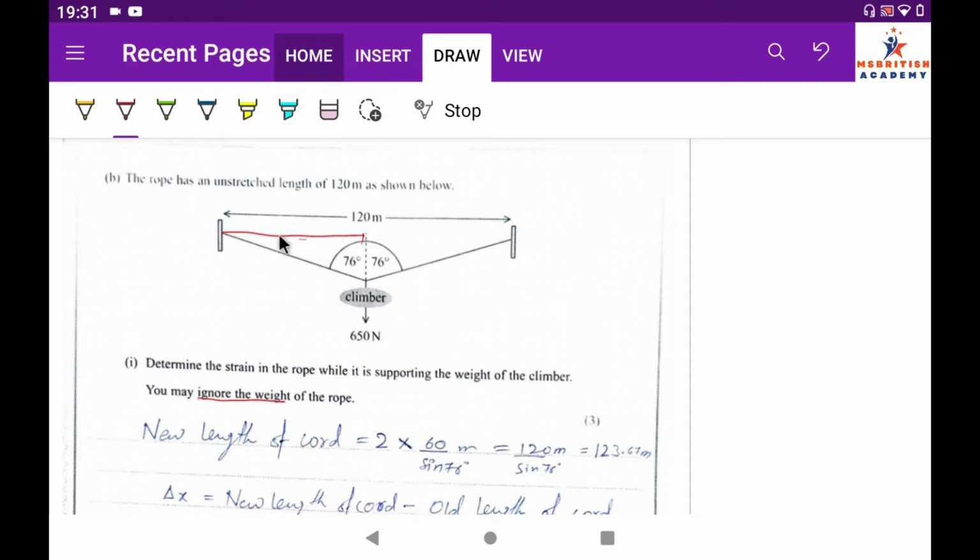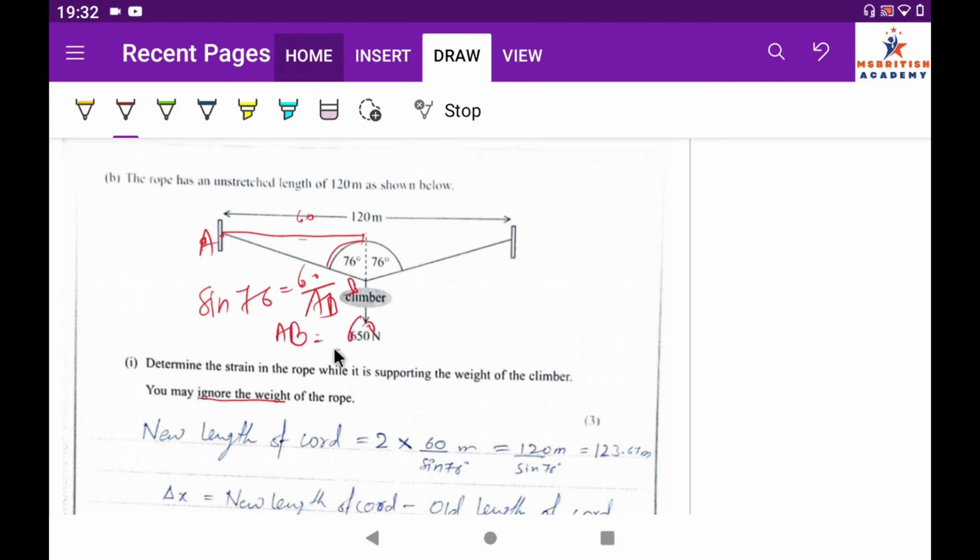this is 60, and after taking, you can take here sine theta. If we take sine 76, so this will be 60, and if I make this A and this B, upon AB, so what will be your AB?